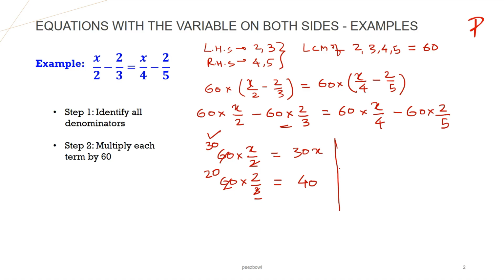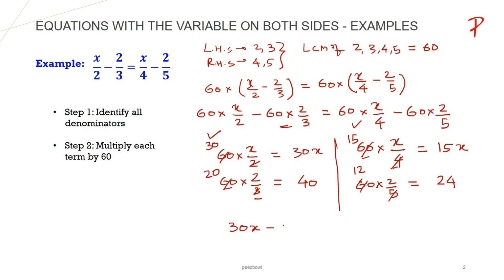Let us take the third term, 60 multiplied by x/4. When 60 is divided by 4, we get 15, so the value of this term is 15x. When 60 is multiplied by 2/5, we get 12 multiplied by 2, which is 24. So now the equation becomes 30x - 40 = 15x - 24.